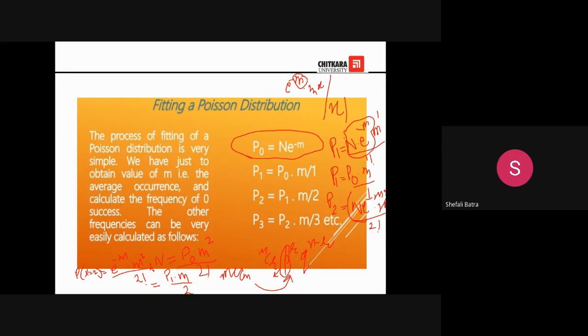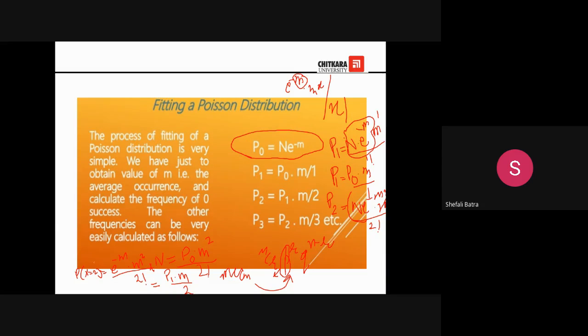Right? So these are relationships between the probabilities which can be asked in MCQs. So it should be clear in your mind how we are writing this. Right, now P x is equal to 2. Formula is e raised to power minus m, m square by 2 factorial into capital N. Capital N means one experiment you have repeated n times. So e raised to power minus m into capital N, that is P naught.